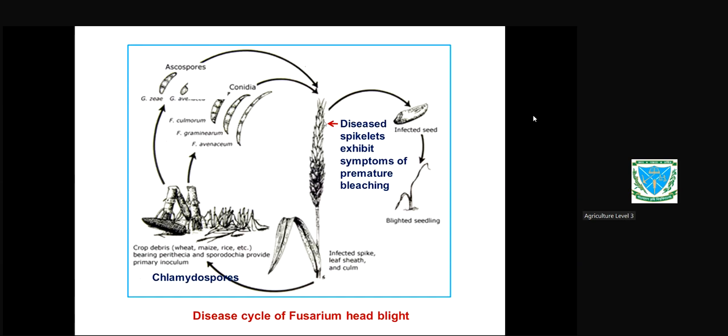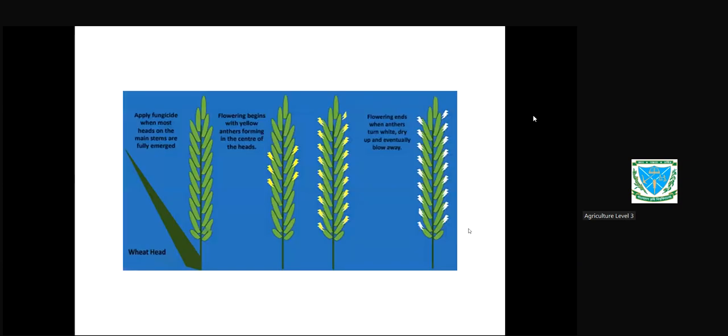If you harvest, you have the infected seed so that you will get the blighted seedlings if you use the infected seed. After harvest, what will happen? You are harvesting grains, both healthy and infected. So your grain may also serve as inoculum for the next season. In a way, head blight Fusarium graminearum can complete its life cycle.